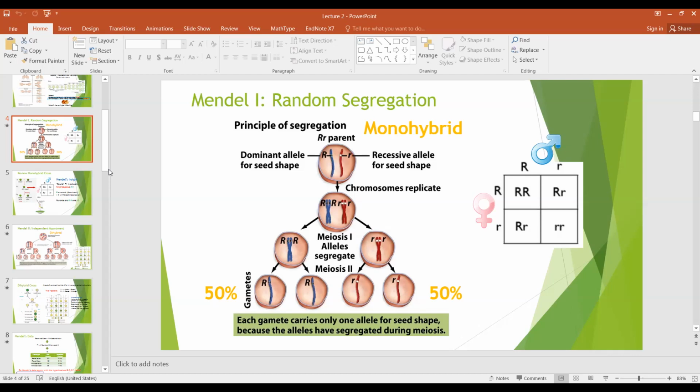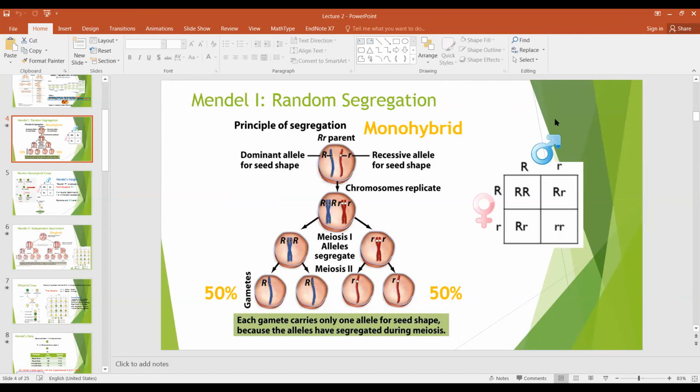So last week we learned the first Mendelian law, Mendel 1, which is about random segregation. In Mendel 1, we are talking about the relationship between two alleles of a single gene.